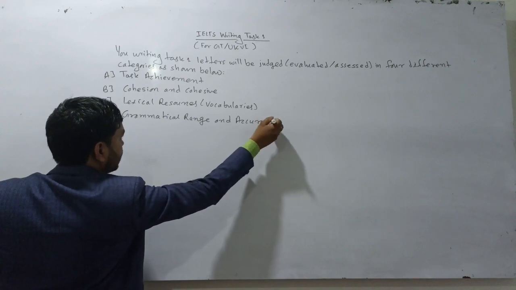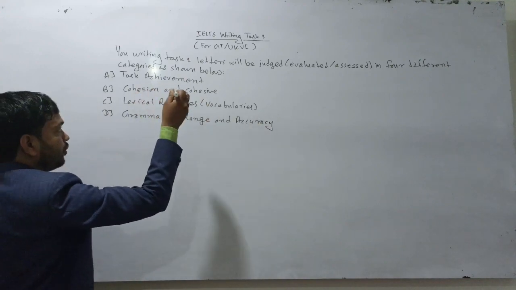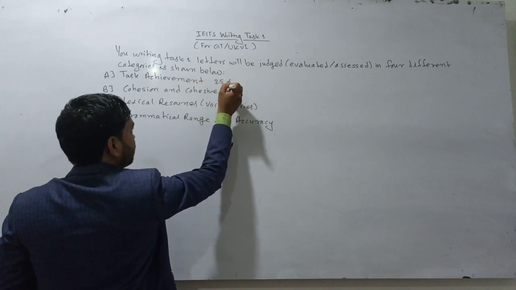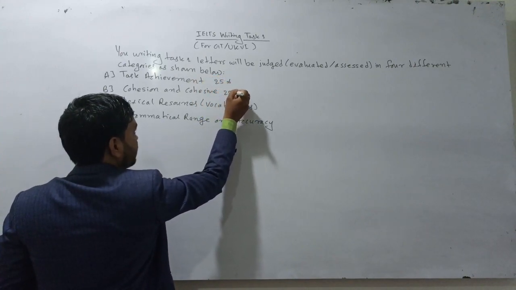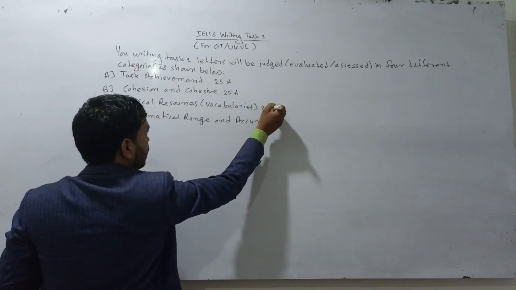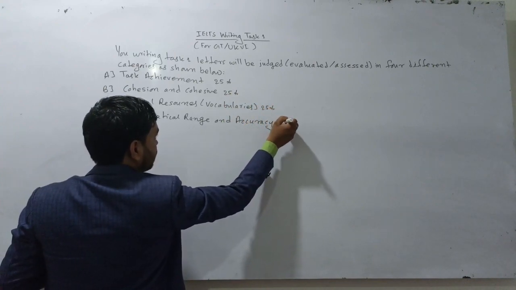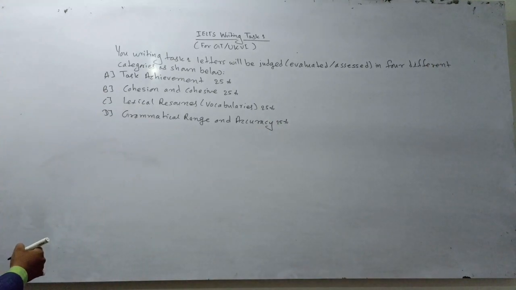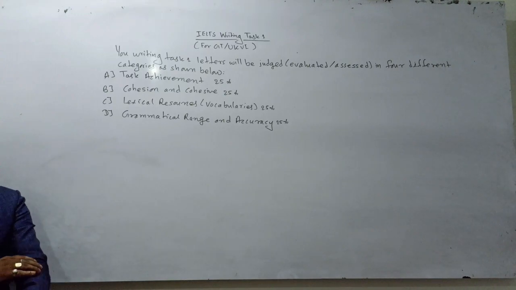So among these four categories, each point carries about 25%. Altogether, four categories have been used to judge your writing.